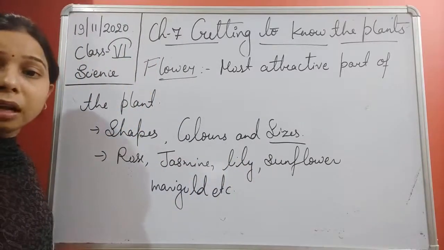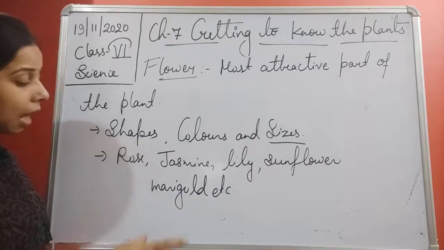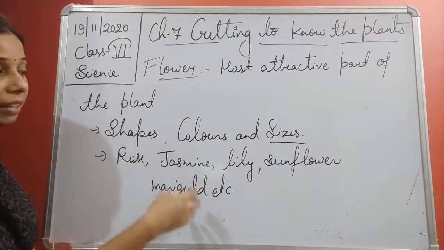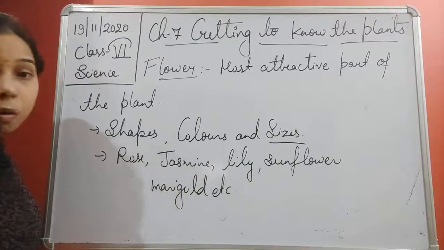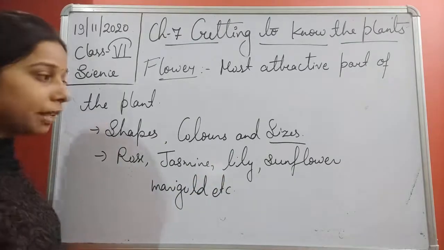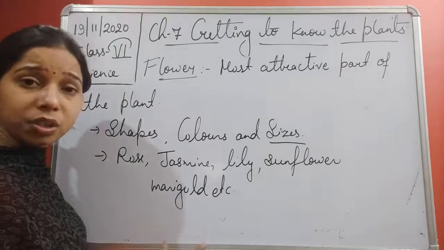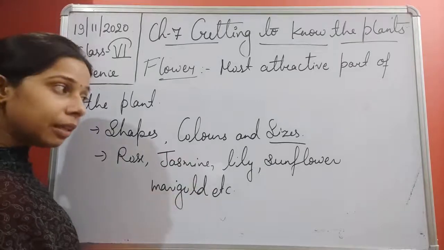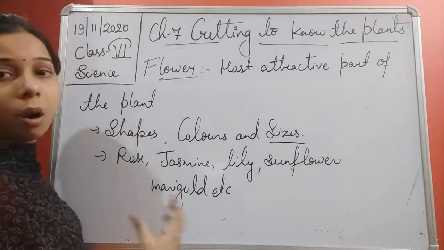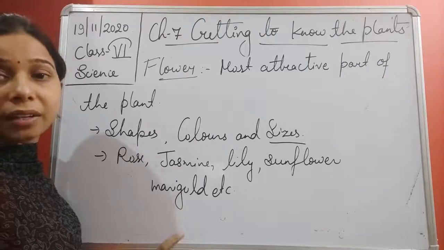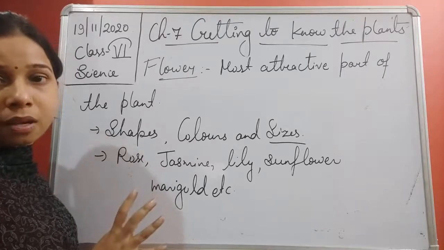So these are the different kinds of flowers. And if you see all of them, you will find that there are some differences between all of them with each other. Means they vary. They are not identical to each other, but they vary either in the shape, in the size, or in the color. But they vary from each other.